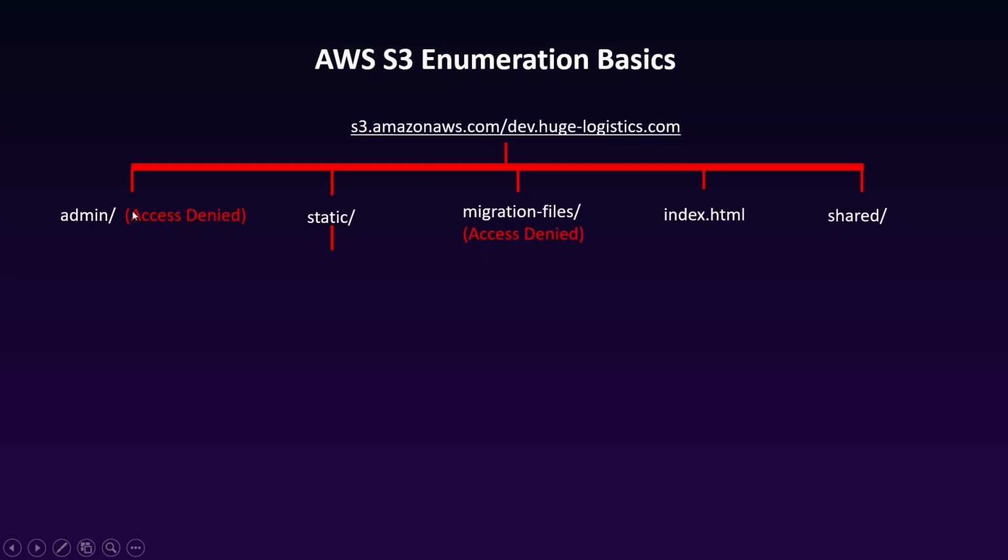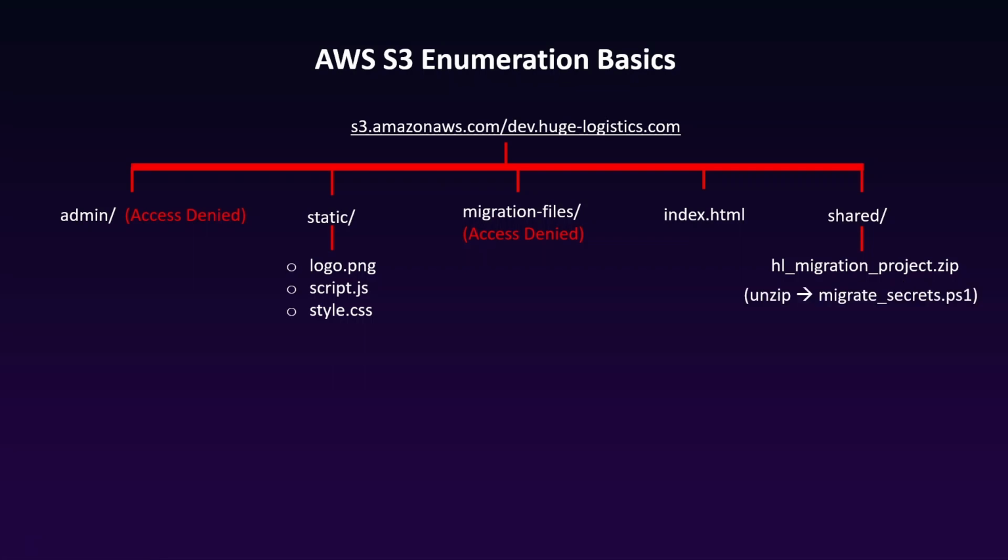Initially, we don't have any access to our admin and migration files, right? In the static folder, we didn't find anything useful, right? But in the shared folder, we found this migration project.zip, and in that they have hard-coded the PAM credential.